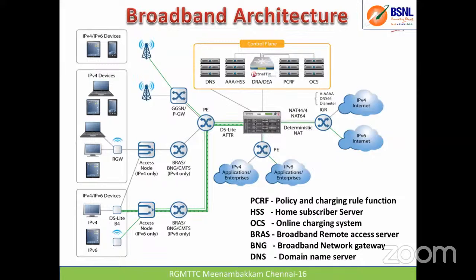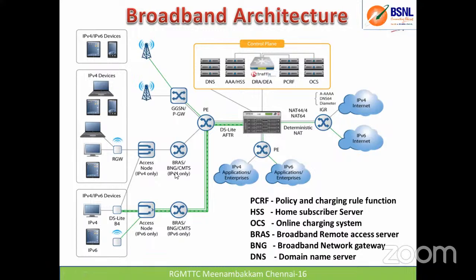The main function of the broadband remote access server is that it provides the connectivity between the end user and the provider edge router. PE is nothing but a provider edge router.